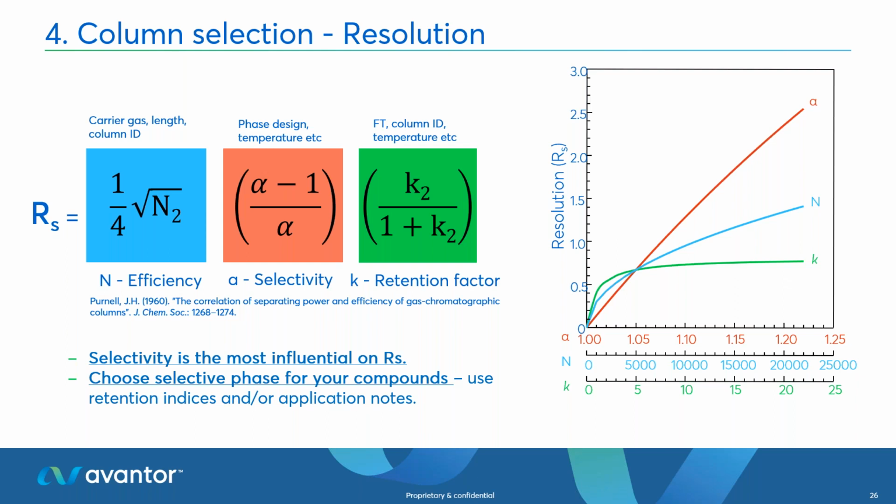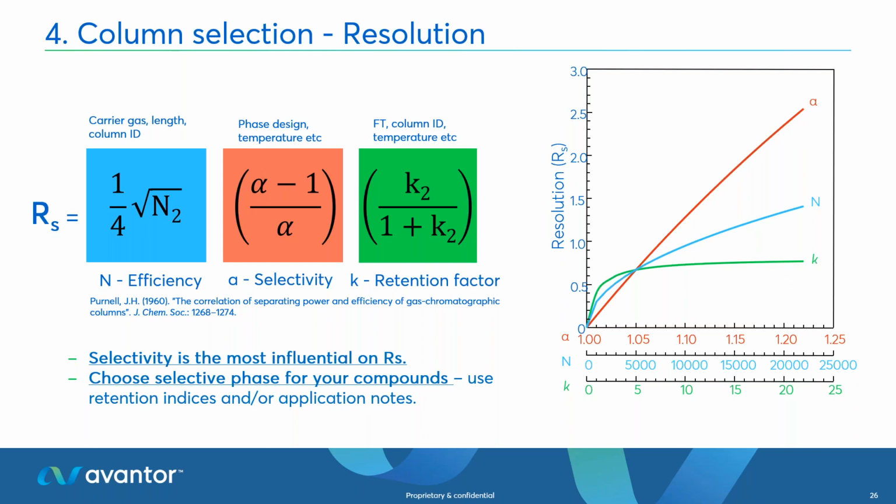When we're choosing an appropriate column phase that's selective for what you're looking at, you can check this through retention indices. You can have a look at application notes and the retention between 2 compounds of interest, 2 peaks of interest. Then the selectivity is the distance between these 2 retained compounds.